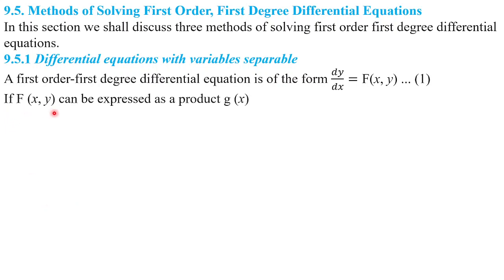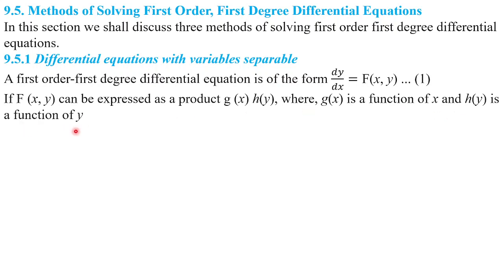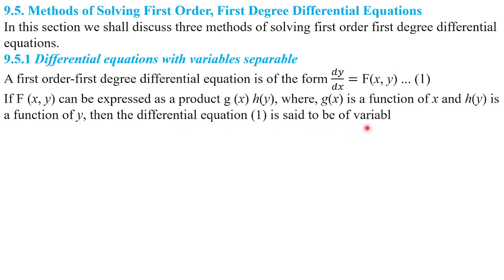If f of x comma y can be expressed as a product of g of x into h of y, where g of x is a function of x and h of y is a function of y, then the differential equation 1 is said to be of variables separable.